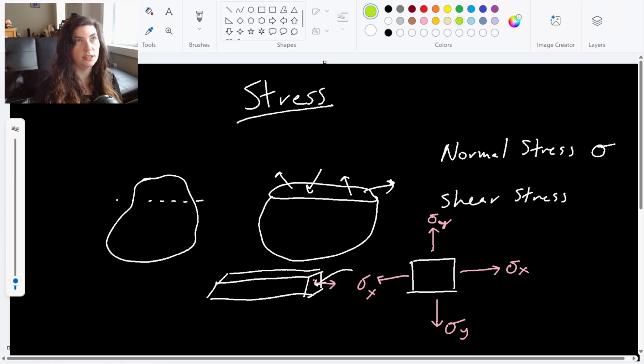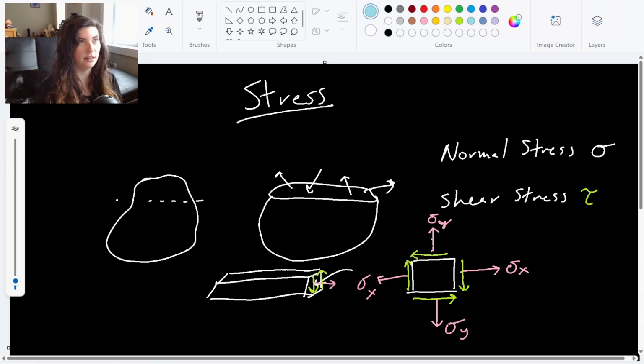Now our shear stress, which we see represented by the lowercase tau, Greek letter tau, we see as acting tangent to the plane. So something maybe like this, we'll see these shear stresses tangent to this cross-sectional area that we're interested in.